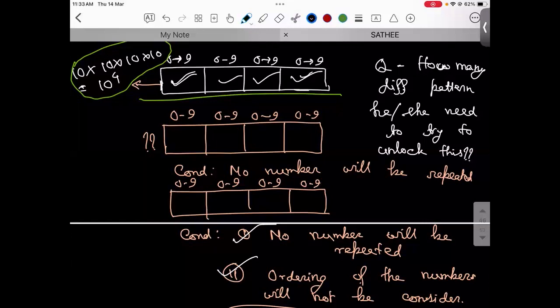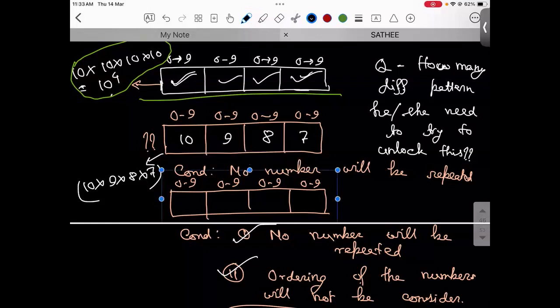For this, I have 10 choices. For this, I have 9 choices. For this, I have 8 choices. And for this, I have 7 choices. So the number of events will be 10, 9, 8, 7. Okay. So obviously, this is very much lesser than this one.